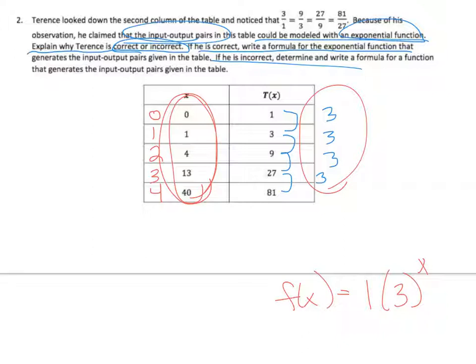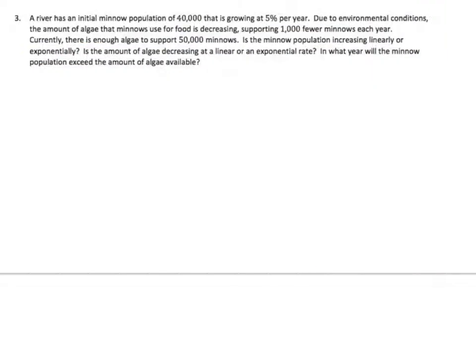Right? Okay. A river has an initial minnow population of 40,000. That's my initial value. That is growing at 5% per year. Due to environmental conditions, the amount of algae that minnows use for food is decreasing, supporting 1,000 fewer minnows each year.